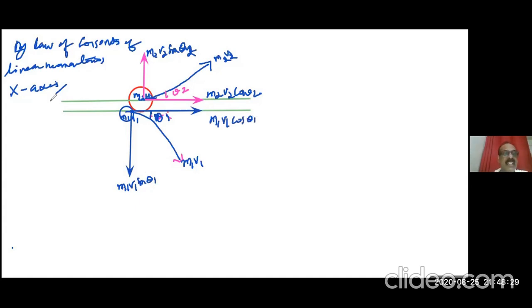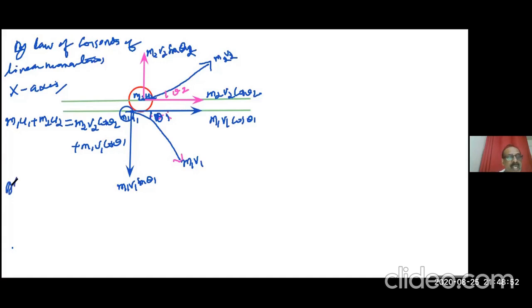So along x-axis, before collision m1 u1 plus m2 u2, but after collision, we are getting only m2 v2 cos theta 2 plus m1 v1 cos theta 1.